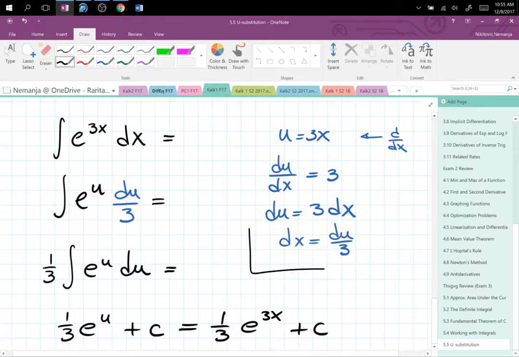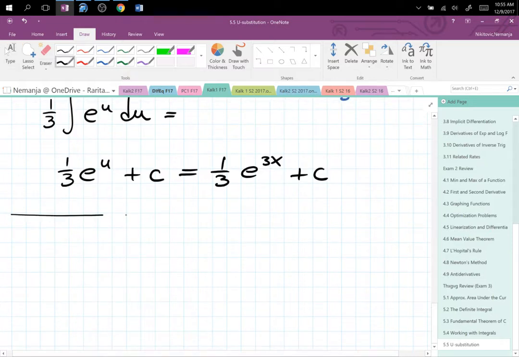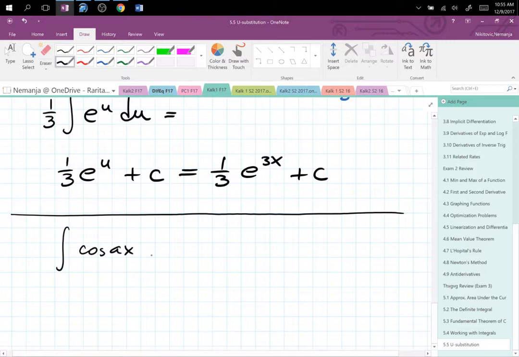Now I want to address this thing that I said, that there is another way to deal with this. You are only able to fix these issues if you are off by a constant. If you're off by a variable, you can't. So let's prove that the integral of cosine ax dx is equal to sine ax over a plus c, using the same ideas.